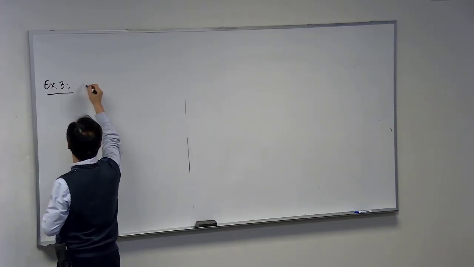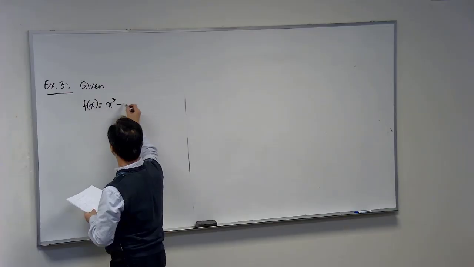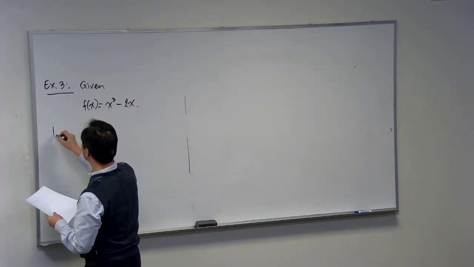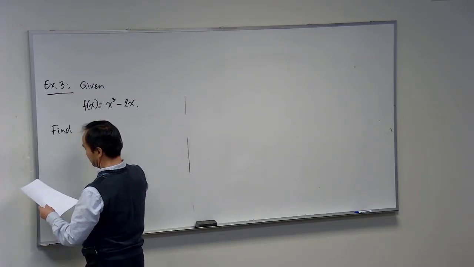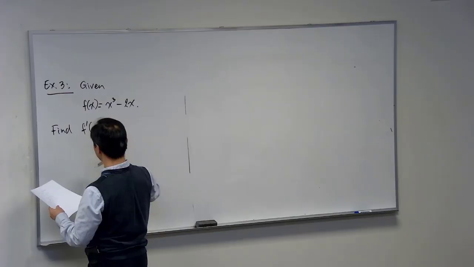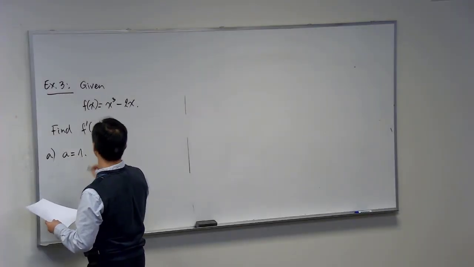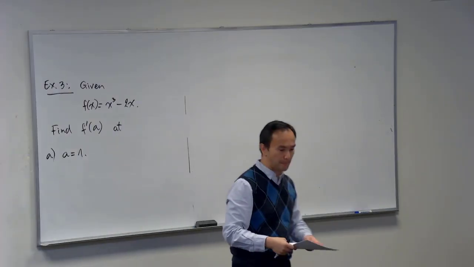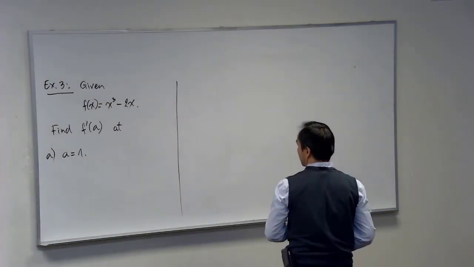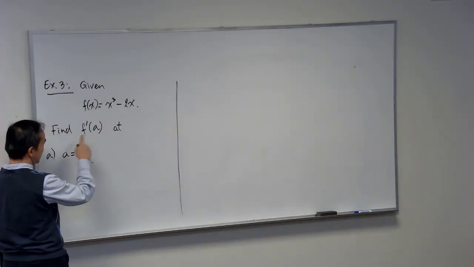Okay. We're given another function, f of x equals x cubed minus 2x. With that function given, let's find f prime of a at a equals 1.